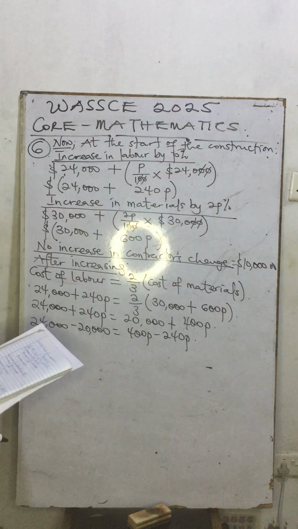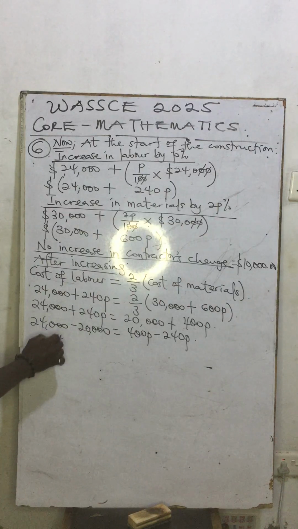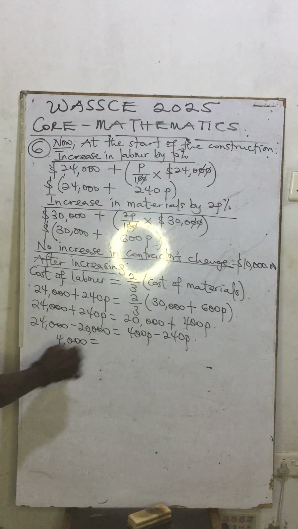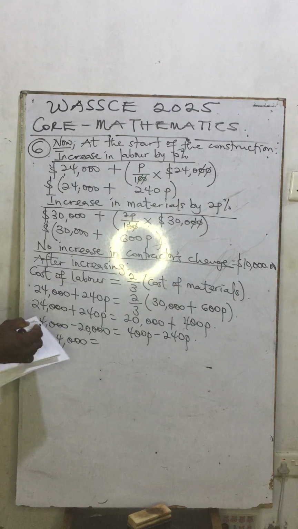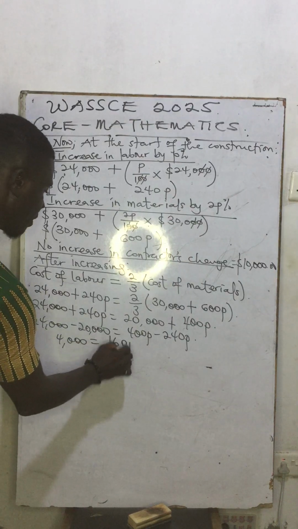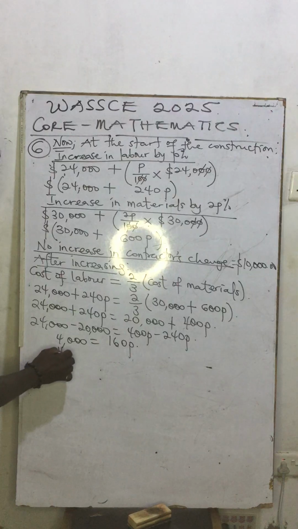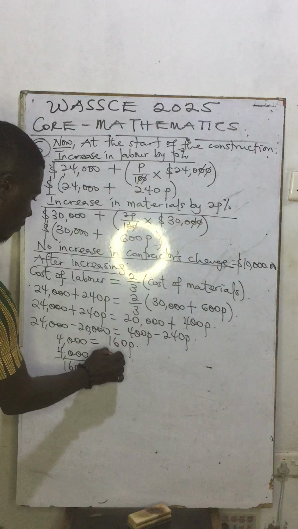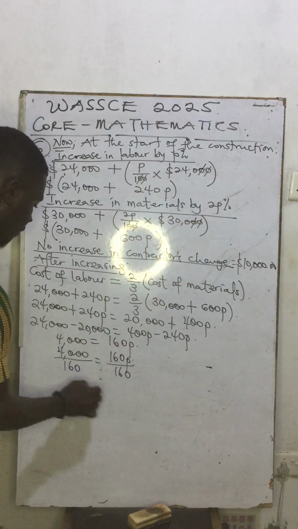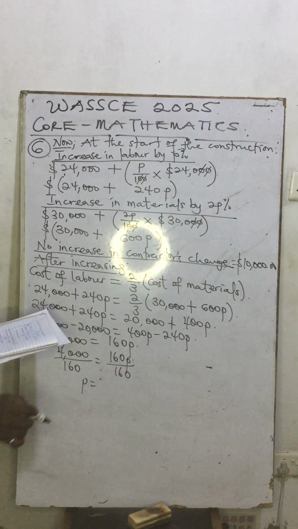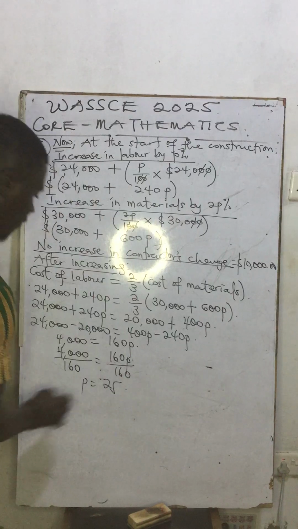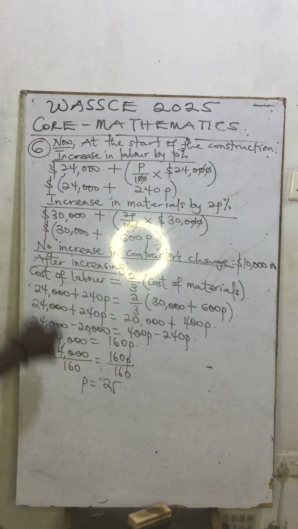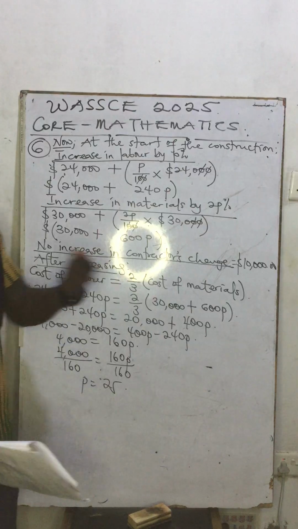So 24,000 minus 20,000 is 4,000, equals 400p minus 240p, which is 160p. We divide both sides by 160, so p is equal to 25. So it was 25%.